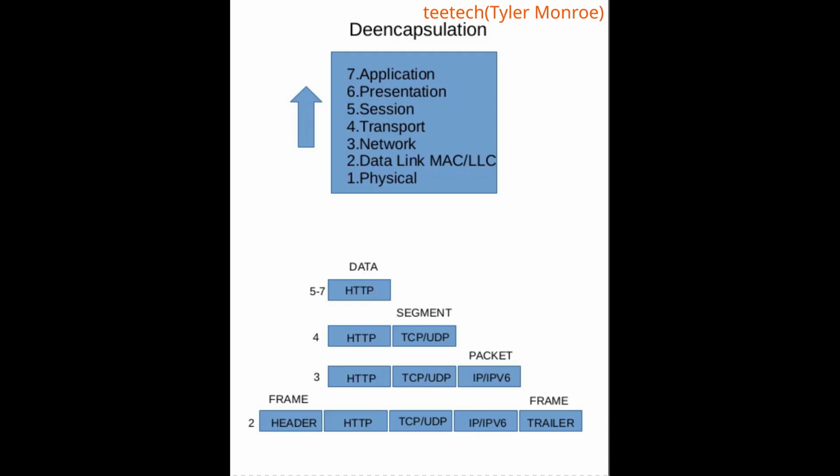But anyway, after we find out it's for our IP address, we're going to send it up to layer 4. And we're going to look at our destination port number there, see if we have anything that we expected to have information for. If we do, though, if we're a server, if we're a client, we're going to de-encapsulate up to the protocol. This could be HTTP, this could be SSH, Telnet, any number of those protocols at layer 7.